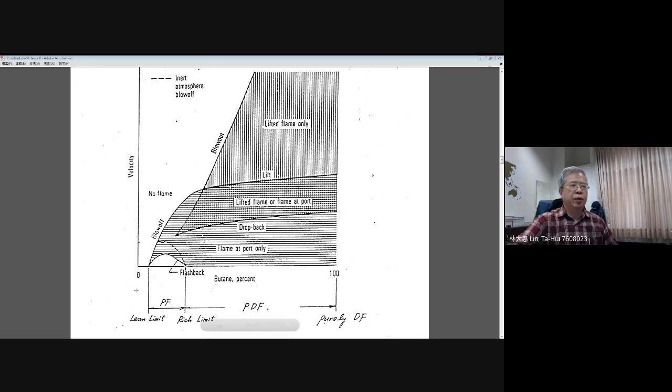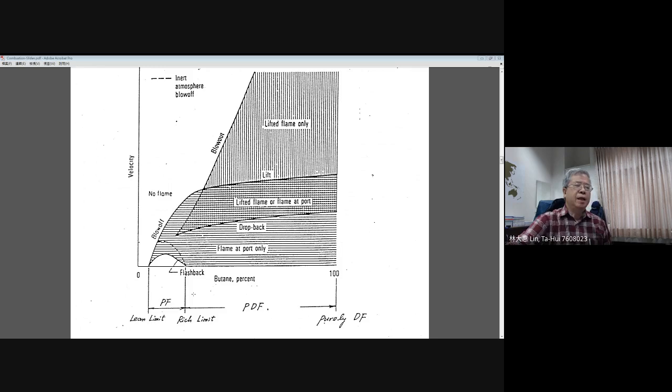Okay, and you usually understand the survival and stabilization of a butane flame in a jet flow based on the so-called lean limit and the rich limit. Between the lean limit and the rich limit is the flammability limit. In this range, you may have a flame stabilized on the jet.